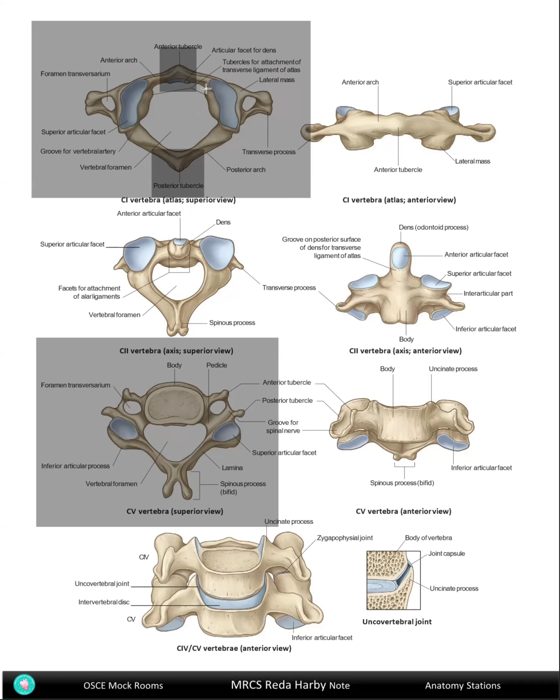So from the front and from the back, no body, no spinous process. It has a large kidney-shaped vertebral canal. You know why? Because the spinal cord is going to be enlarged, going to the medulla oblongata and above.